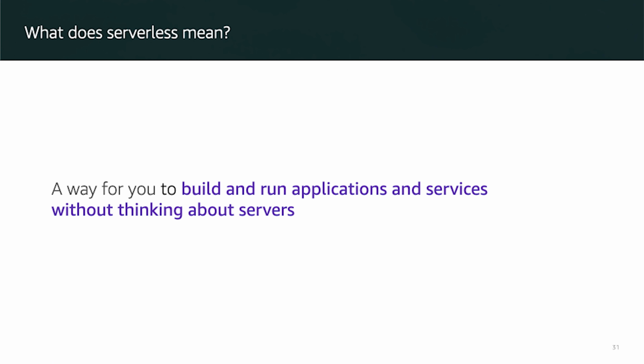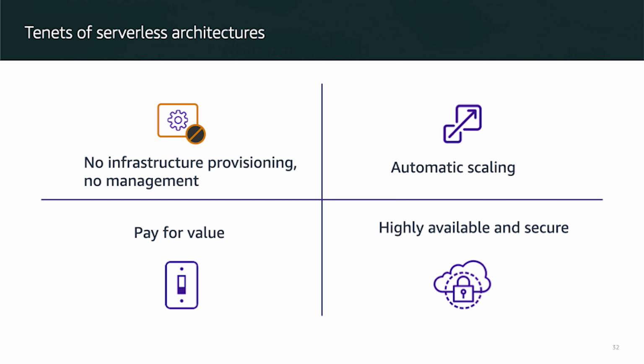However, AWS does all the server management tasks such as server or cluster provisioning, patching, operating system maintenance, and capacity provisioning. So we can define serverless as an operational model that includes the following: no infrastructure to provision or manage, no servers to provision, operate, or patch.